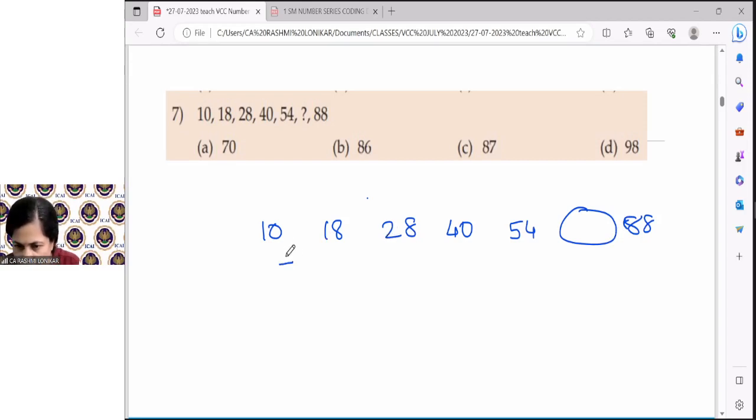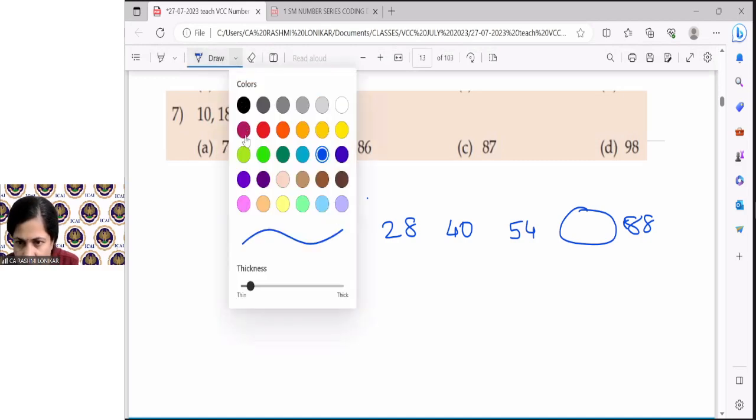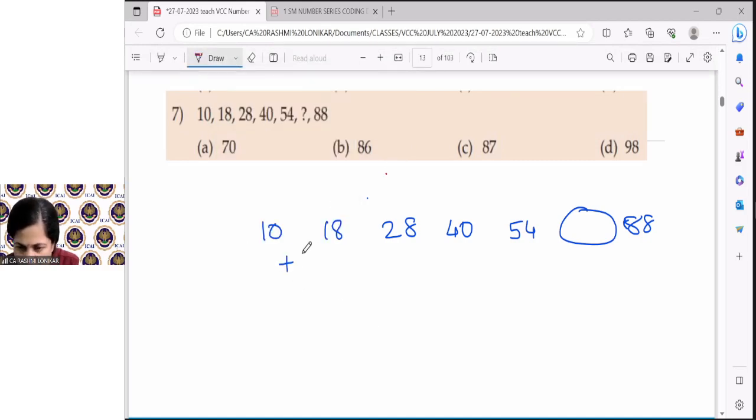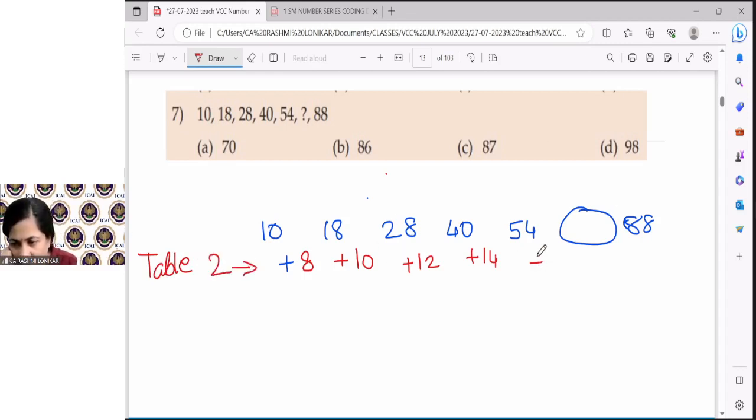Okay, so 10 plus 8 gives me 18. 18 plus 10 gives me 28. 28 plus 12 gives me 40. 40 plus 14 gives me 54. So what table is this? 8, 10, 12, 14. I hope you all know your tables of 2, 3, 4. Okay, this is a table of 2. So what will come after this? 16 will come. What will come after that? 18 will come.